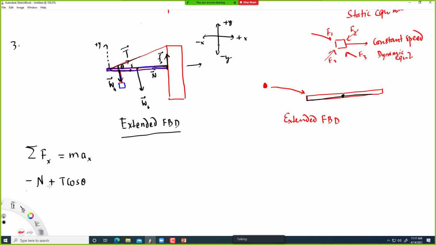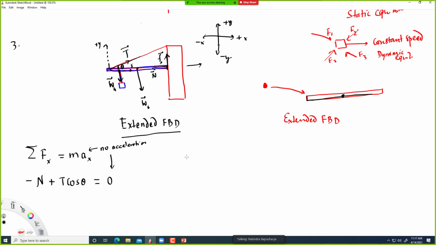Those are the two forces along the x direction, and that would be 0, because there is no acceleration. The beam is not moving to the left or right, so it's at rest. No acceleration, so that's 0.